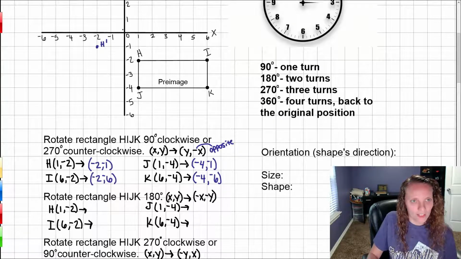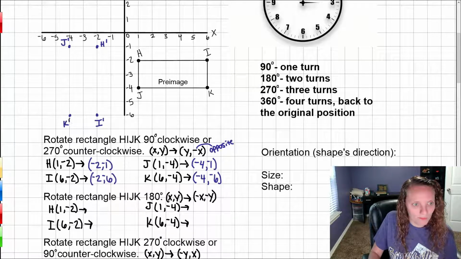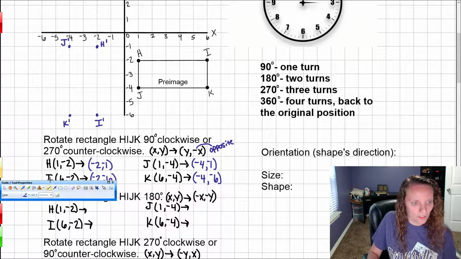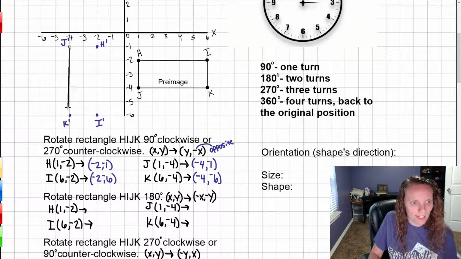Alright, -2, -6, so over to -2, down to -6, and this is I prime. -4, -1, so over to -4, down 1, and this is now point J prime. And then -4, -6, down to -6, and this is K prime. And I'm going to take each point and we are going to connect the dots.